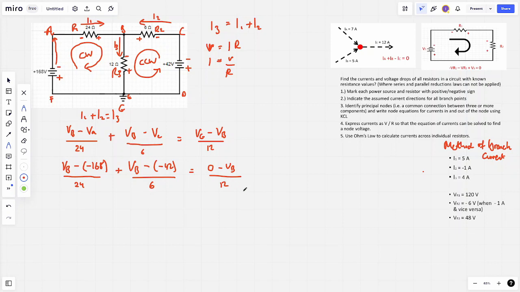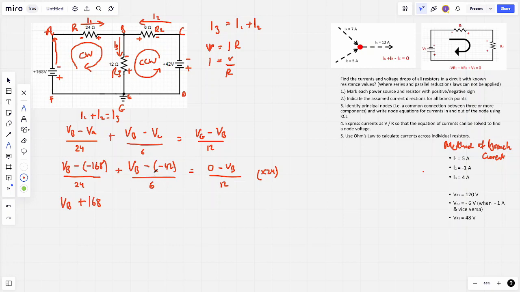Now what we want to do is eliminate these denominators and get VB and these numerical answers by itself. So we're just going to get rid of these denominators by multiplying through by the largest number, which is 24, through everything. So we've got VB minus, and a minus is a plus, so that's a plus 168.